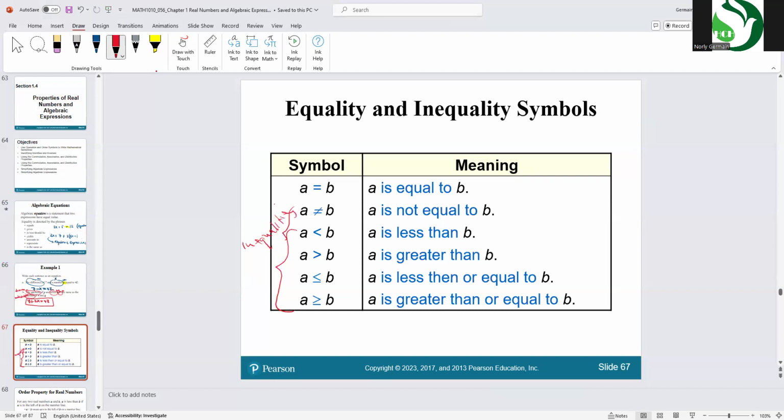So you can have a less than b, a greater than b, a is less than or equal to b, a is greater than or equal to b. Not all the time you're going to find them that easy. Sometimes they say a is at least b, or is no more than b. So you can find it is at most b, or does it exceed b. There are different ways of expressing inequality.